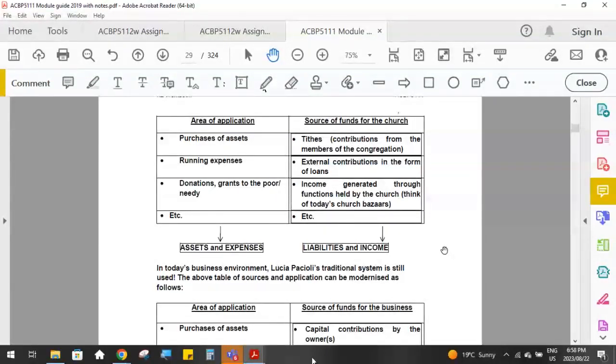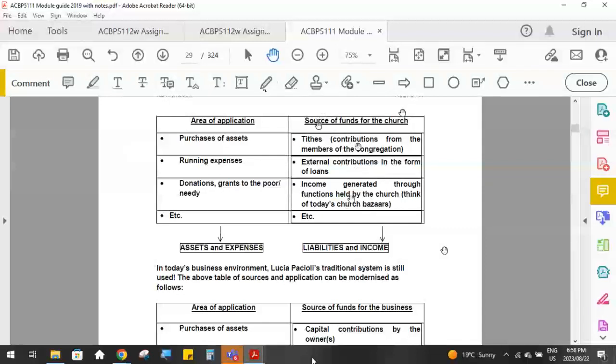So source of funds for the church: contributions from the congregation, any external contributions in the form of loans to the church, and then any income that the church generated through various functions, which in today's terms would be the church fetes that we have.